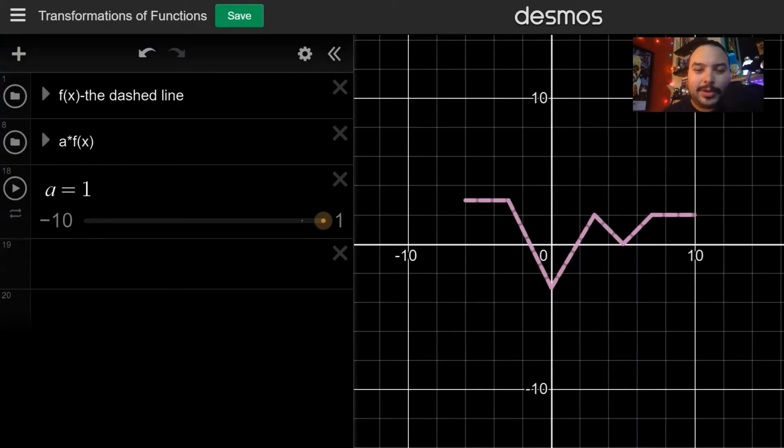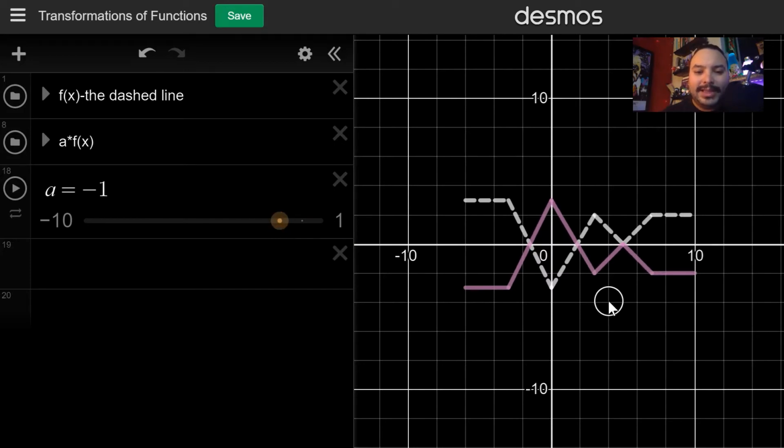Coming back to our graph of f of x here, as you make a larger, the graph gets stretched, and as you make a smaller, the graph gets compressed. If you make it equal to 0, it flattens out to a complete line, and if you make it negative, well, it flips over. It is vertically reflected. So here I'm going to let a equal to -1.